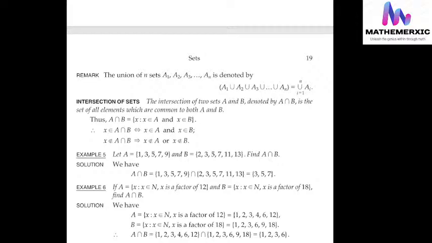X does not belong to it means that it does not belong to each of them.